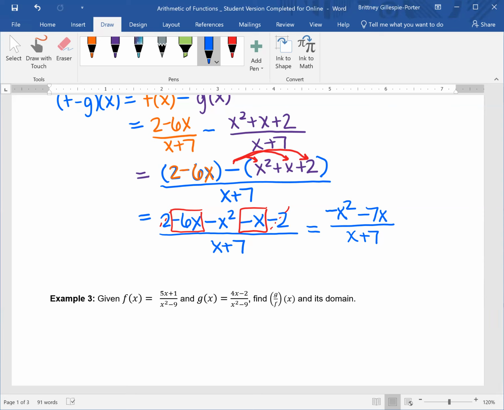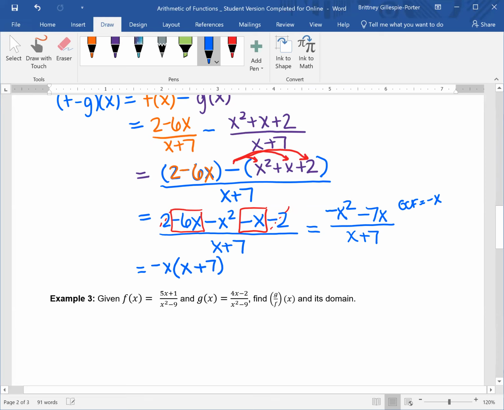Notice that up top, they have a GCF of negative x, which means if I factor out a negative x, I take out the negative of the x squared, I take out one of the x's, so I have an x. I take my negative away from the 7x, it becomes plus 7 because I took the x out. If you don't understand what I'm saying, I'm doing this step to factor out the GCF.